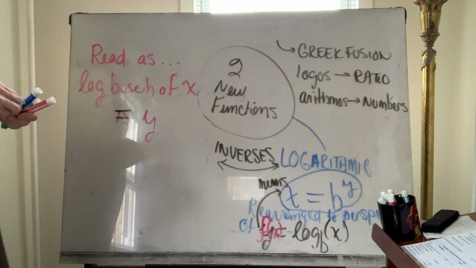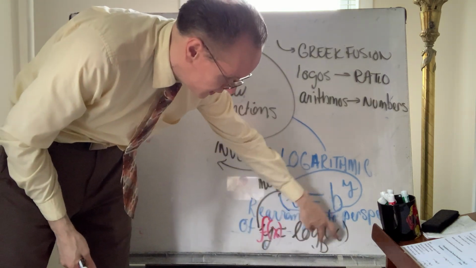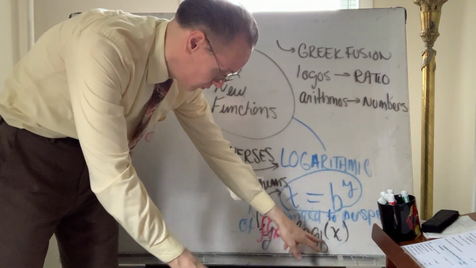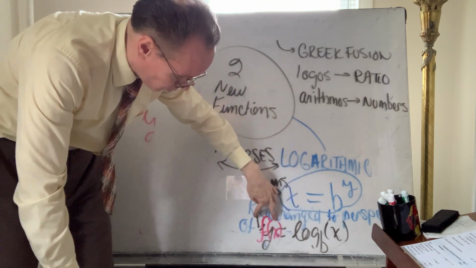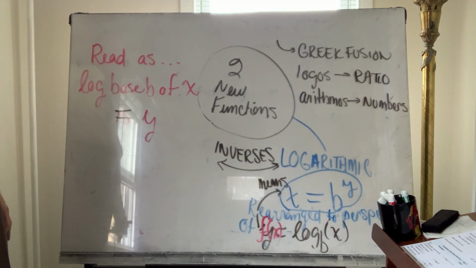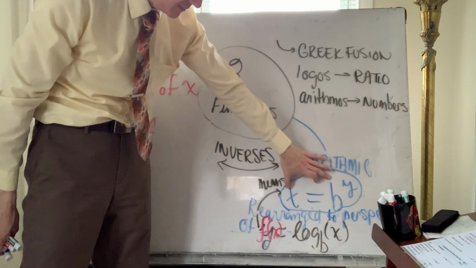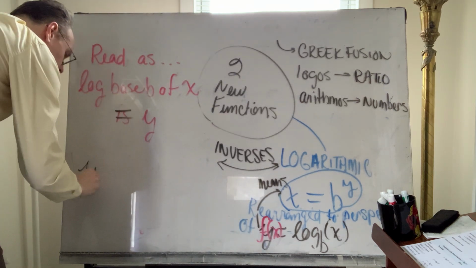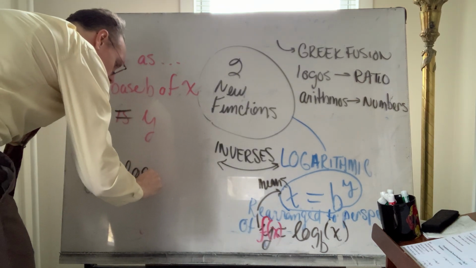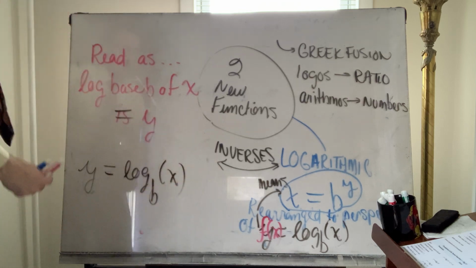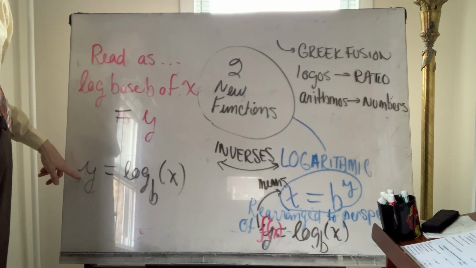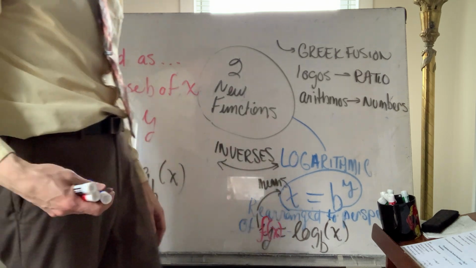So log base b of x, because it's presented in the style of an argument, like in function notation, parentheses, equals y. Log base b of x is y. Just understand this is what it really means. That's just how it looks, I guess just for the familiar arrangement. Again, it's from the perspective of y that this is arranged.